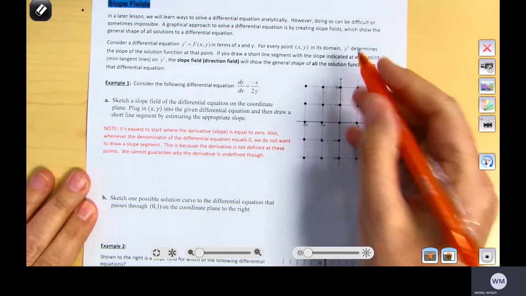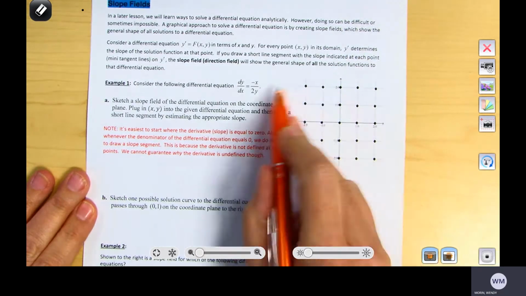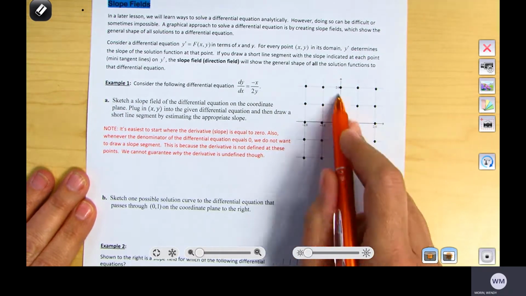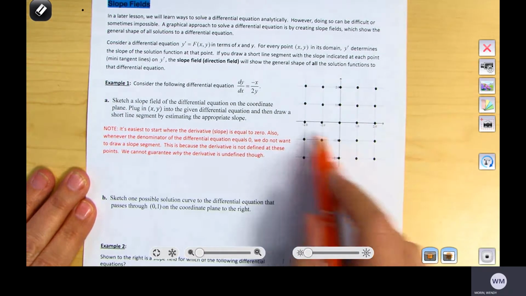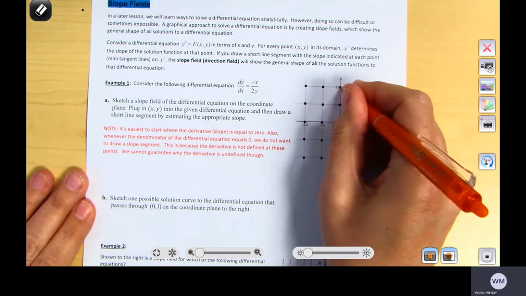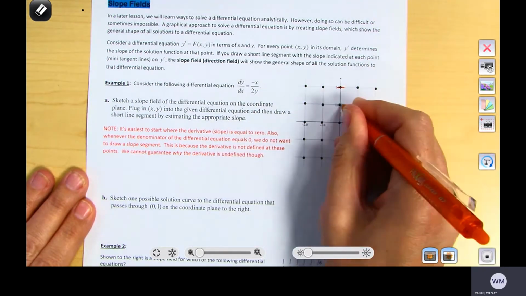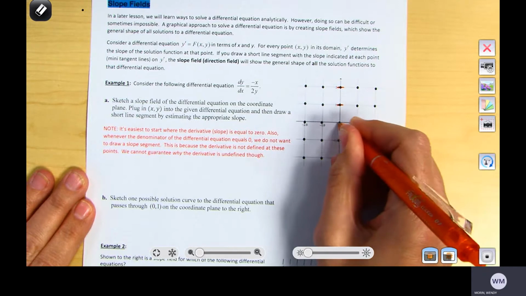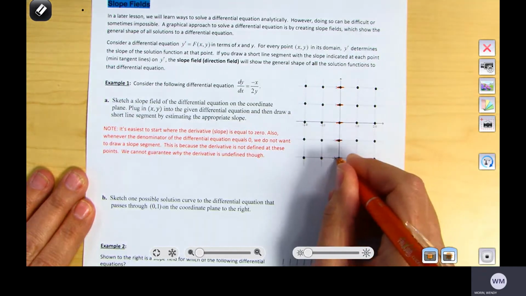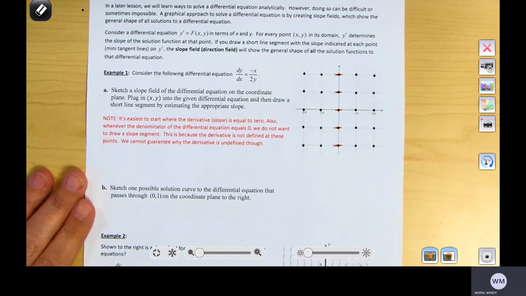If I plug in (0, 2), (0, 1), (0, 0), any of these coordinates into here, I'll get 0 divided by something. So I'm going to draw a little mini tangent line at that point, with slope 0.